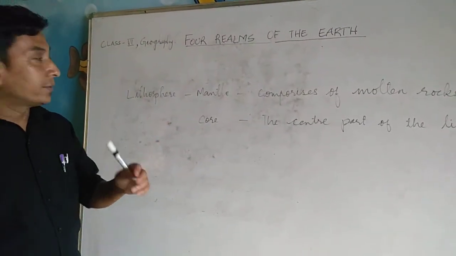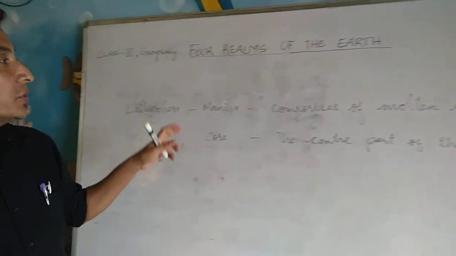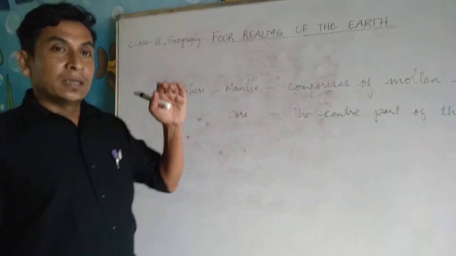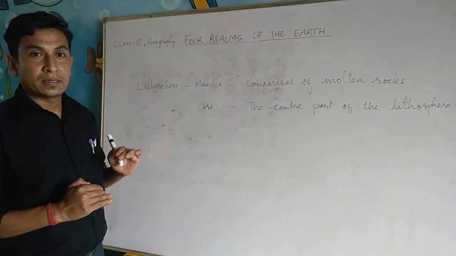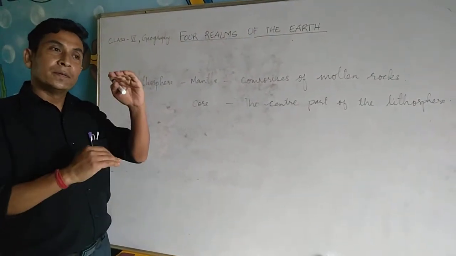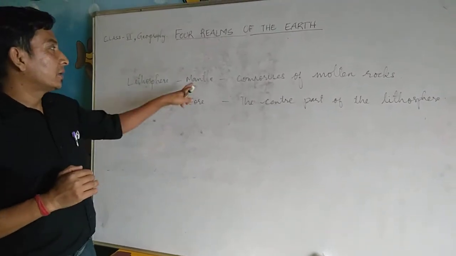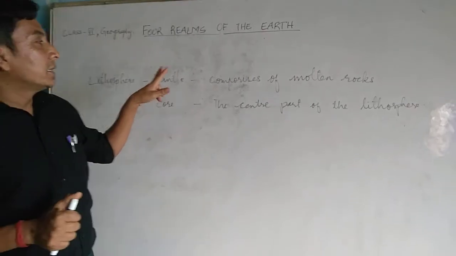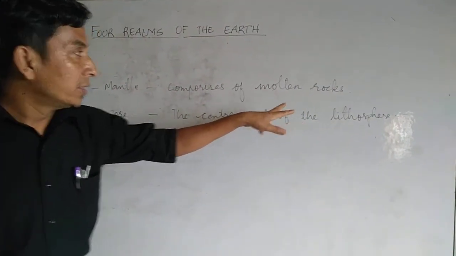Now another layer of the lithosphere, mantle. So mantle is the layer below the crust. We can say the second layer of the earth is mantle, and it comprises molten rocks.